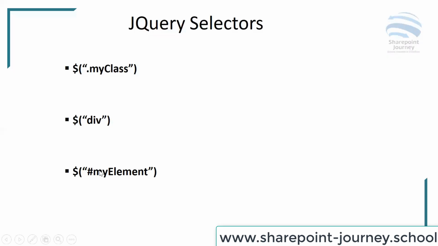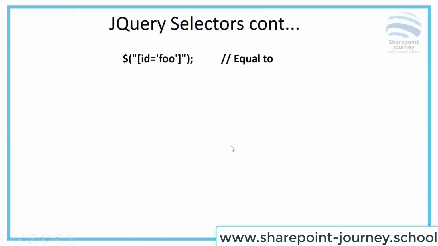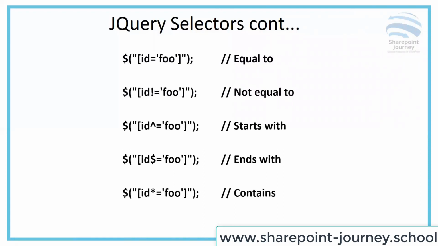The third one, my element, let's say it's an ID, then this will give the element that is matching with this particular ID. So these are the main selectors that you are going to have. But there are a few more options that you could use for selectors also. But one of the main things that I use majorly in SharePoint is this particular thing, which is starts with.